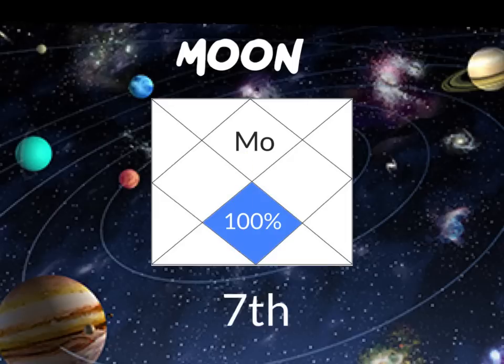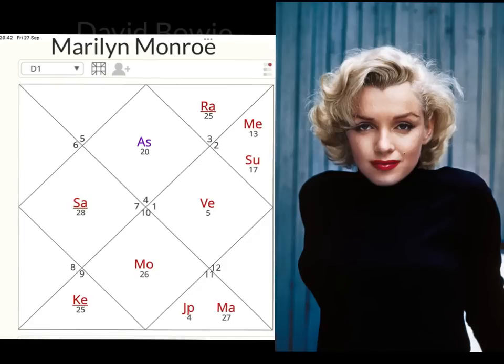That can be seen. And here it is, a big aspect for Marilyn Monroe, you see, of this moon. It's going straight to her ascendant. This moon is aspecting the ascendant, and it's giving her popularity. She, as a person, becomes popular with the public. Of course, moon periods drive this forward.